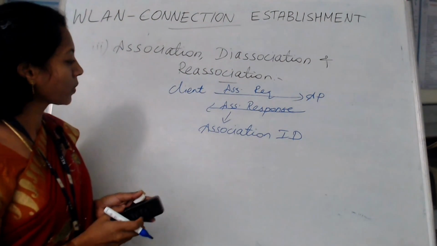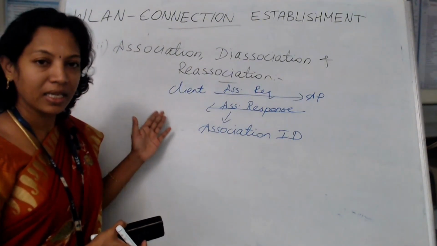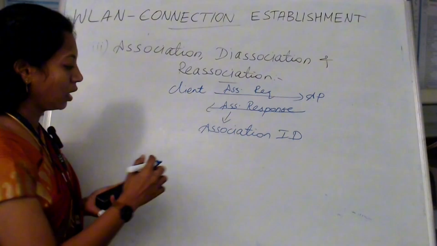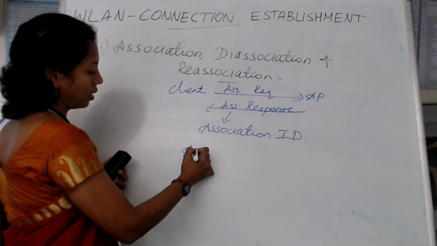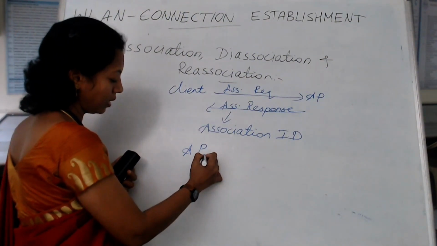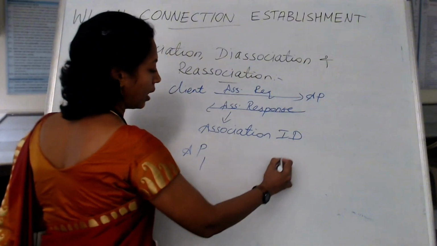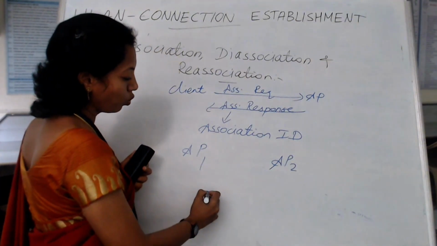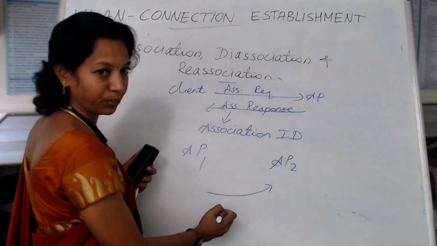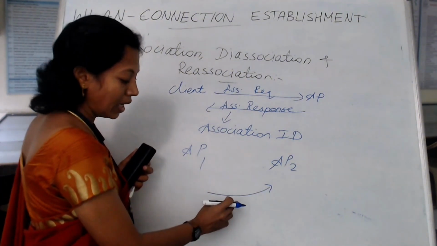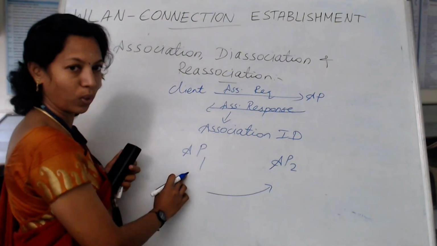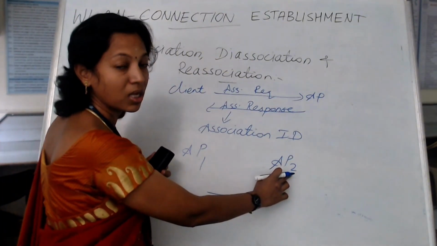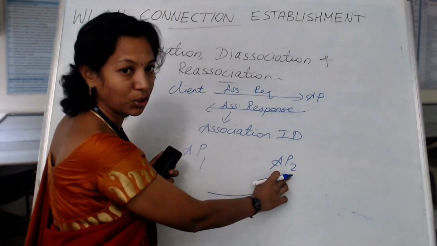Here, if the client is roaming, assume the client is now in AP1, and while roaming it is moving to AP2, it can disassociate from AP1 and reassociate with the new AP, that is AP2.